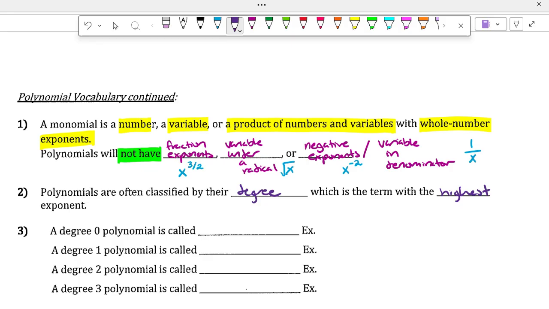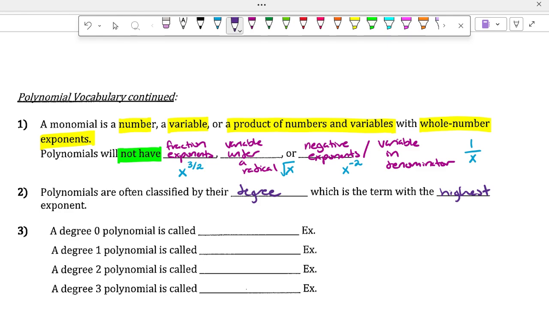Basically, whatever your highest exponent is, that's what classifies your polynomial. If we were looking at the one from today in standard form, what's the highest exponent here? 2. So we would say this has a degree of 2.